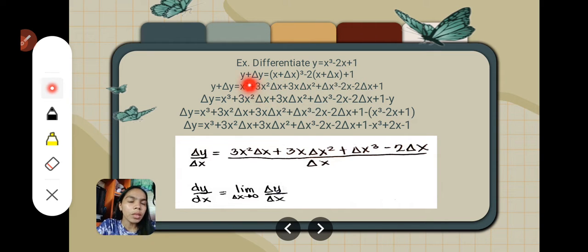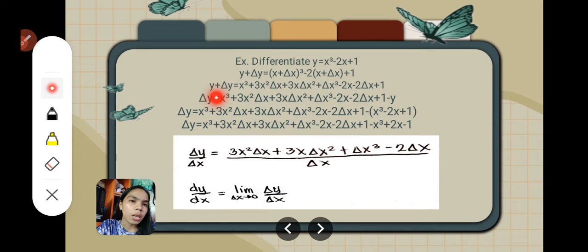Step 1, we will replace y by y plus delta y and x by x plus delta x. So this will be the equation: y plus delta y is equal to (x plus delta x) cubed minus 2 times (x plus delta x) plus 1.